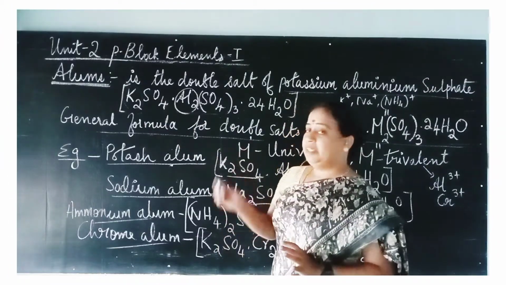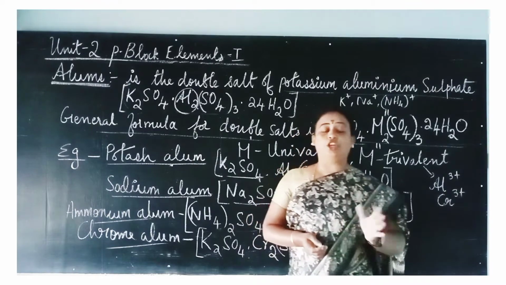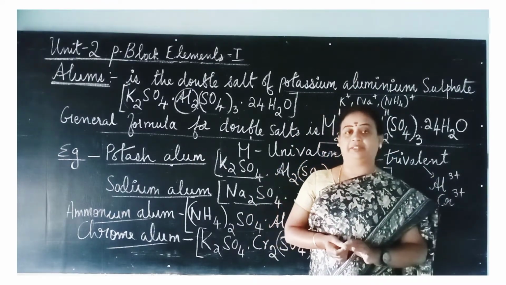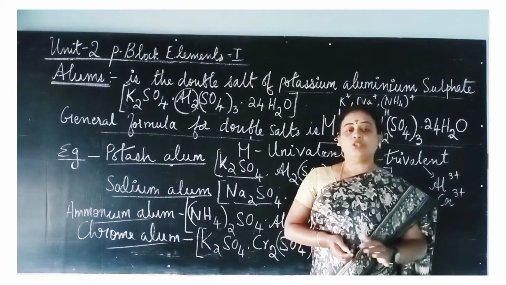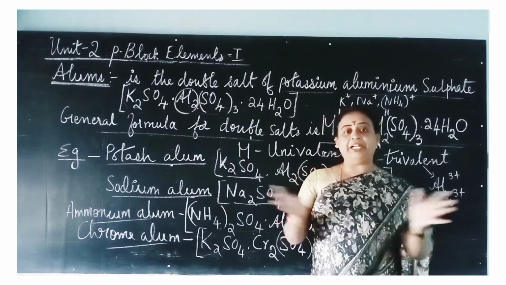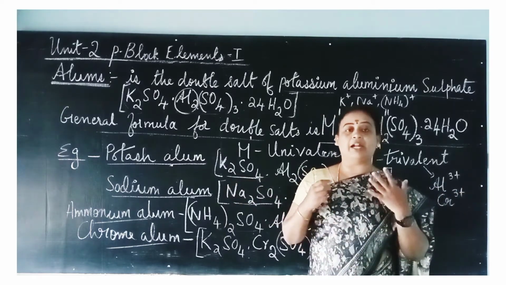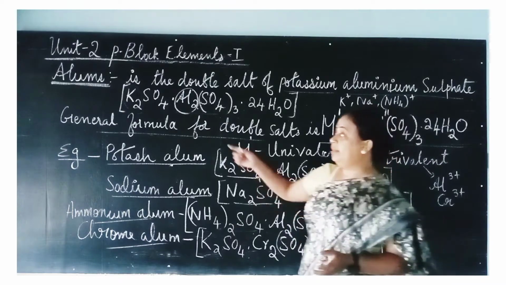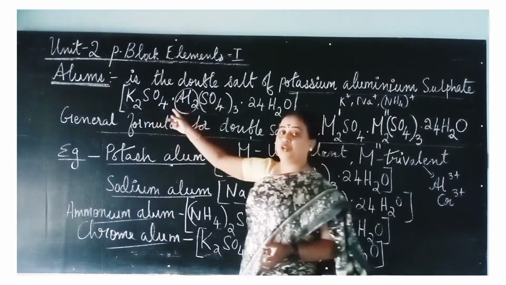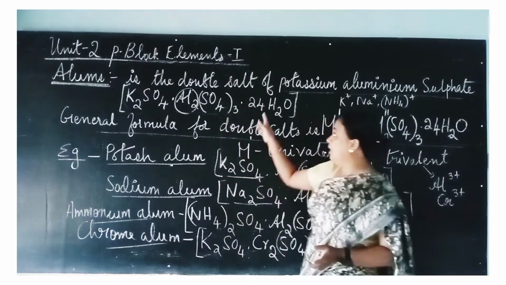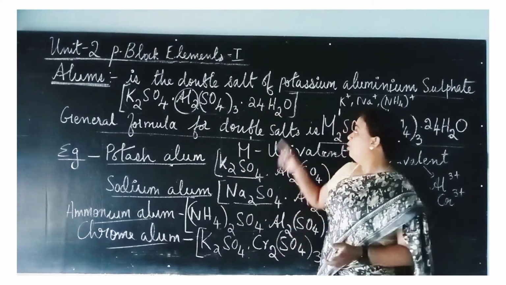This alum is generally more soluble in hot water compared to cold water. Once it is dissolved in water, the alum gets split into ions. Alums undergo ionization. What type of ions? K plus ion, SO4 2 minus ion, Al3 plus ion, SO4 2 minus ion, then H plus ion or OH minus ion.